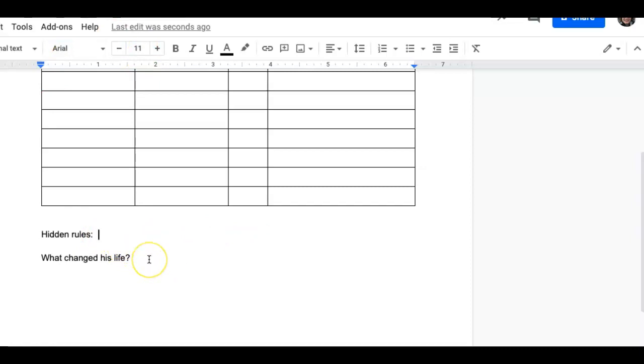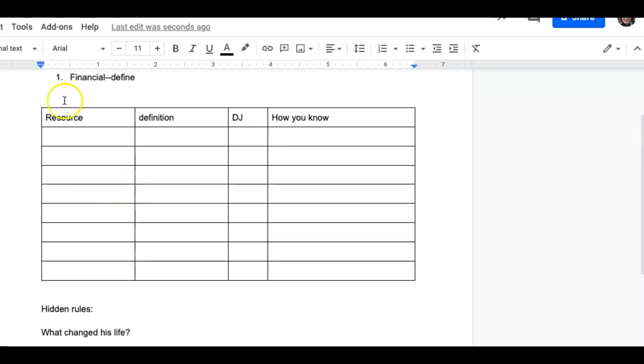And at the end of the day, what was it that moved him from a low socioeconomic status into the successful life that he's created for himself? It is the one thing that is proven time and time again, that putting money towards people who don't have it doesn't solve the problem. There is something else within these resources that is it. And so what is it?